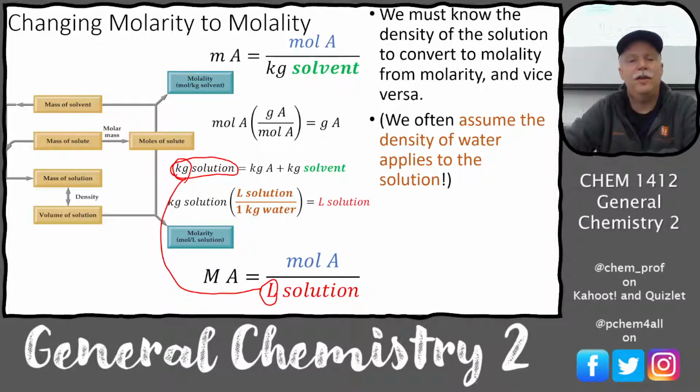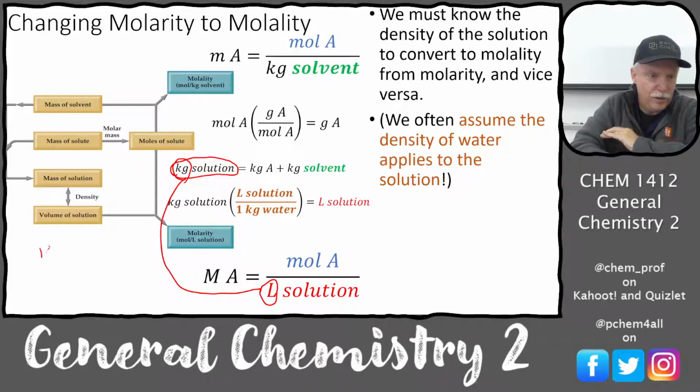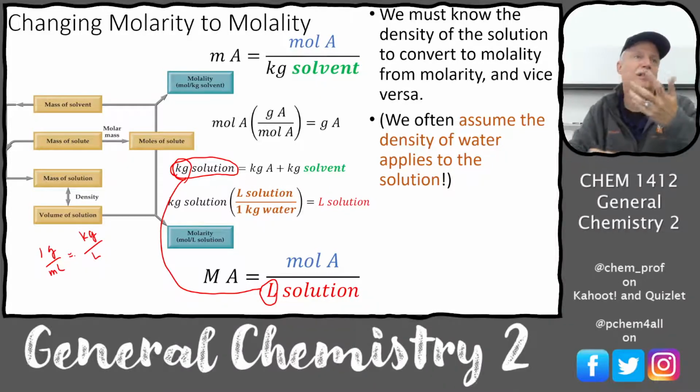Okay, so we have kilograms of solution and 1 liter of solution of water. If this solution is essentially the same density as water, 1 kilogram of water is 1 liter. How do I know that? Well, water is 1 gram per milliliter. If I multiply both of those by 1,000, I get a kilogram. 1,000 milliliters is a liter, so they're the same thing.